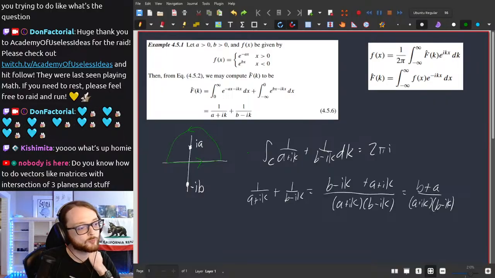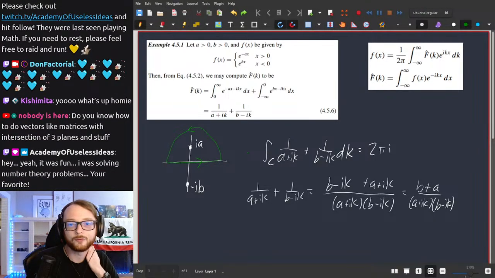If you want to just put a question in chat, I can tell you yes or no. I do generally know about vectors and matrices and stuff. The only thing I'm thinking about in my head is the intersection of 3 planes, but I think I know what that would mean here. Solving number theory problems, my favorite. True. Nice.